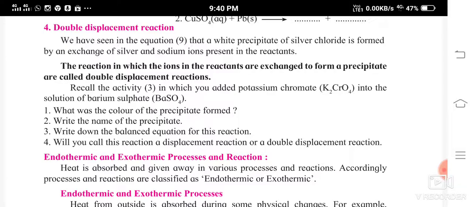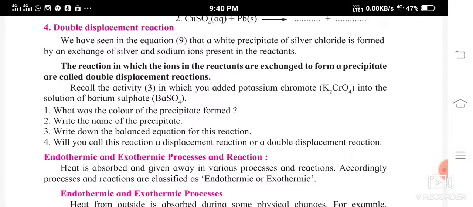Now what was the color of the precipitate formed? You are going to write this. If you don't know, just go back a few seconds and you will know what color the precipitate was. Then write the name of the precipitate. Which precipitate had been formed?